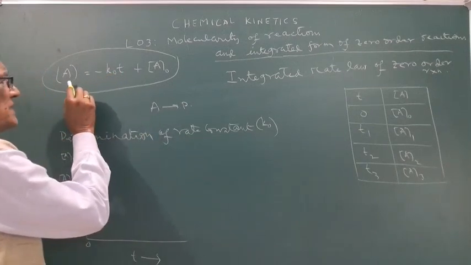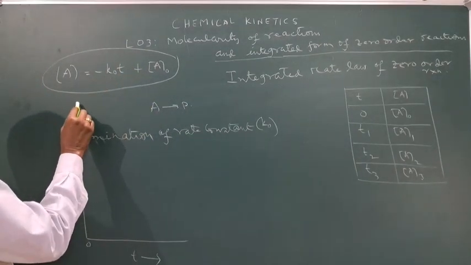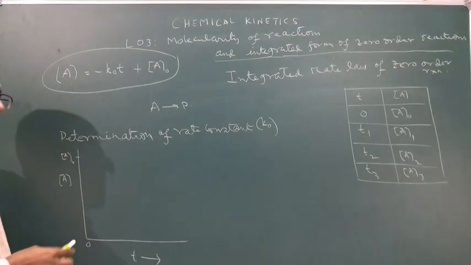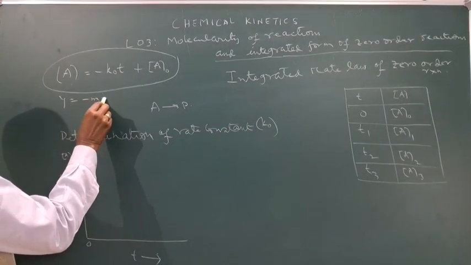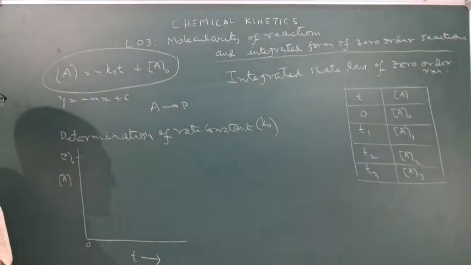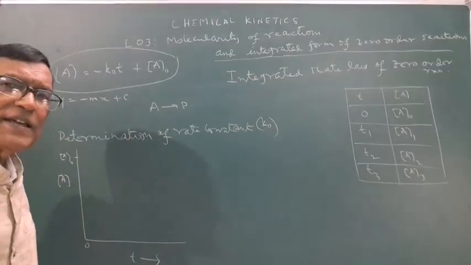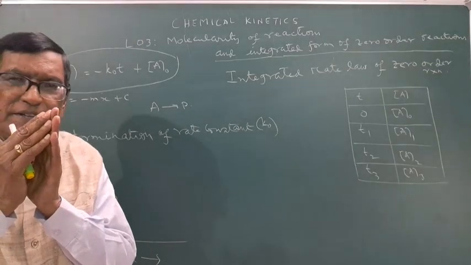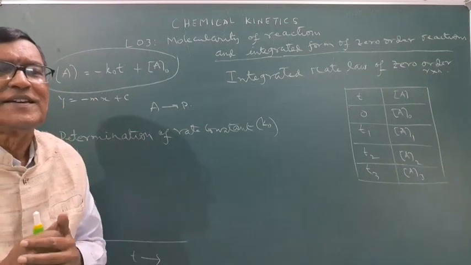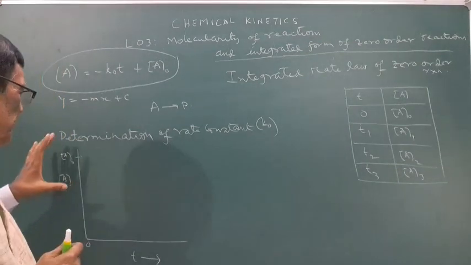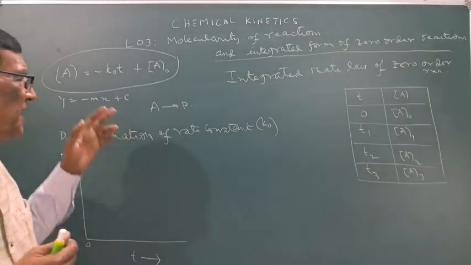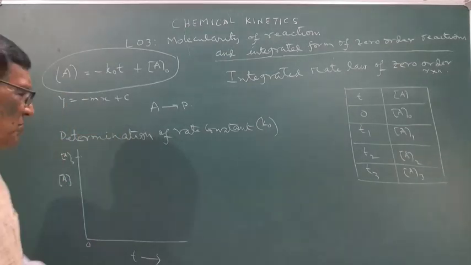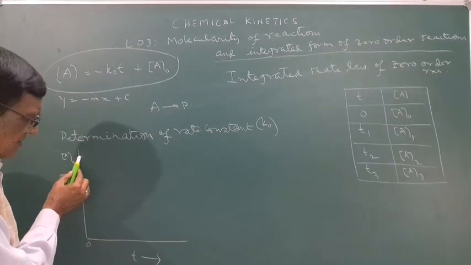This equation is a linear equation, y equals minus mx plus c, so it will be a straight line having intercept c and negative slope. So this graph will be like that.